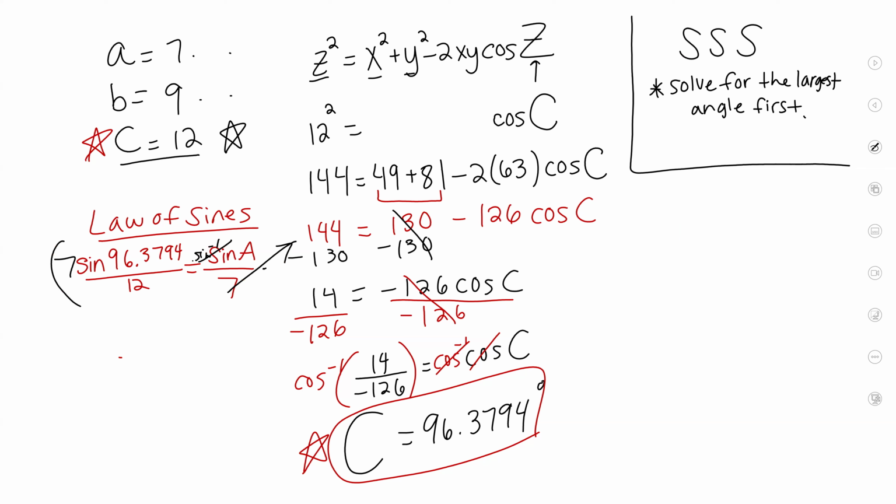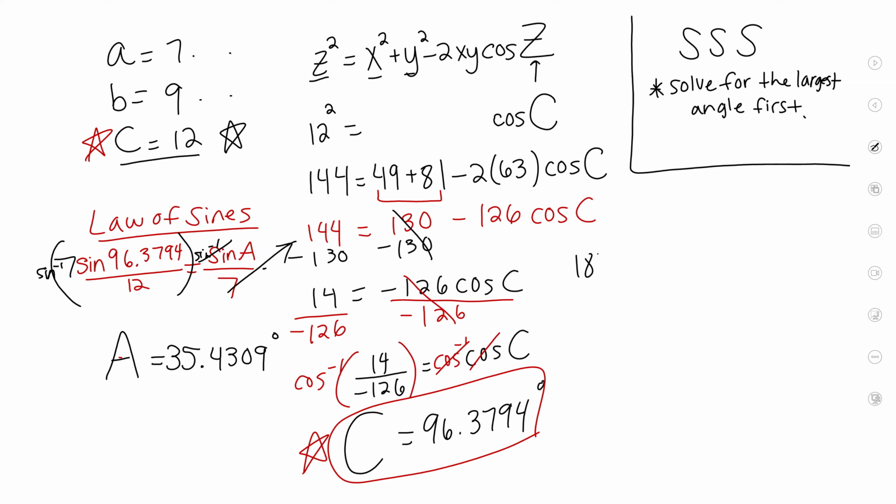So you're going to type this into the calculator. Let me know what angle A is equal to. It should be 35 point, what did you guys get? 4309? Perfect. Okay, so I have two angles now.